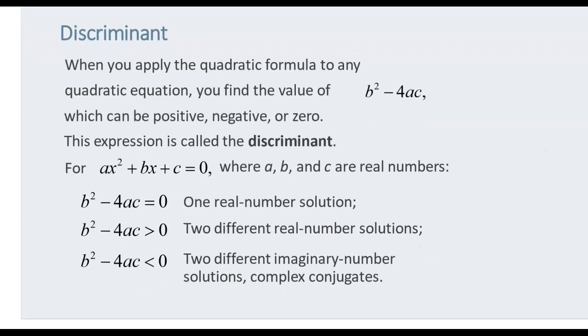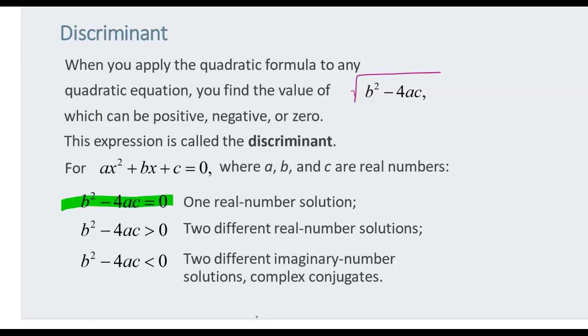The discriminant is the part of the quadratic formula that is underneath the radical symbol. And if we end up getting the discriminant equaling 0, that means that we're going to end up with only one solution.